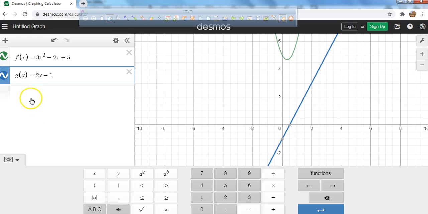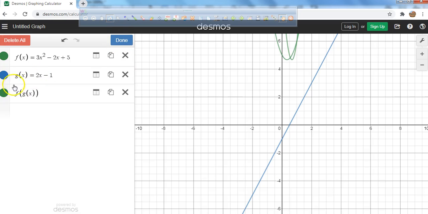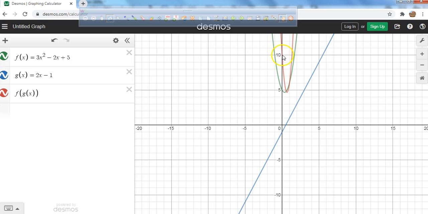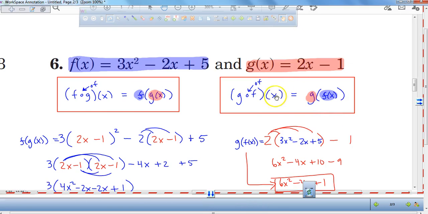All right. And then I'm going to type in f of g of x. And I'm going to change colors, though. I'll make it red. Okay. So I'm going to zoom out a little bit. So f of g of x is this red one right there. All right. So let's see what our final answer. What did we get as our final answer? Let's scroll down real quick.